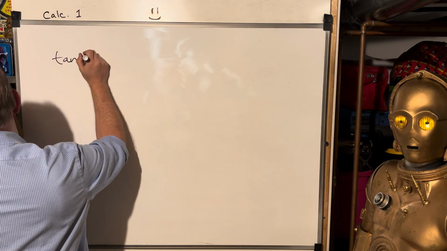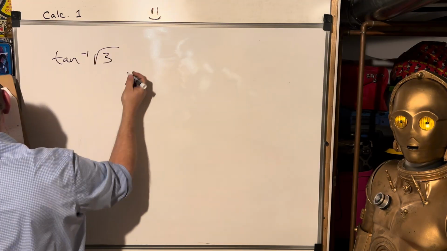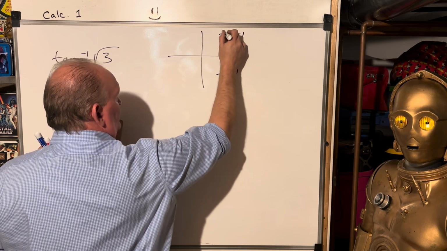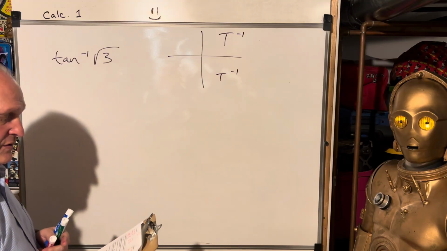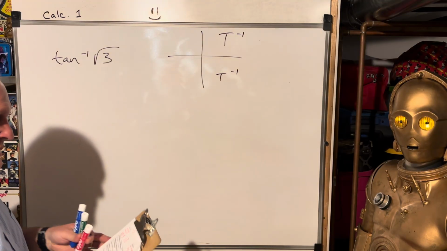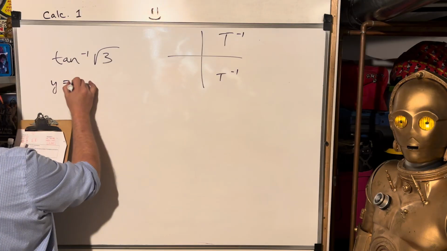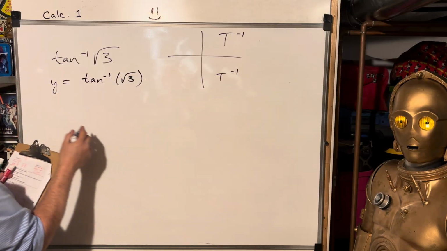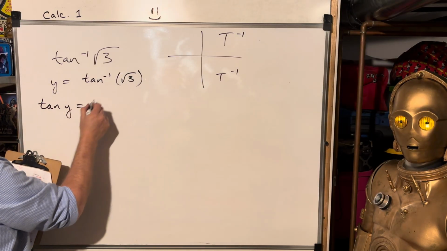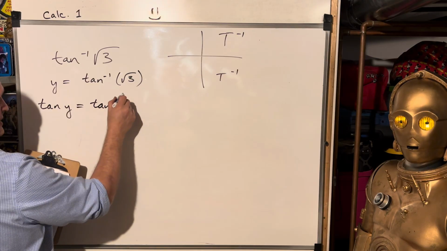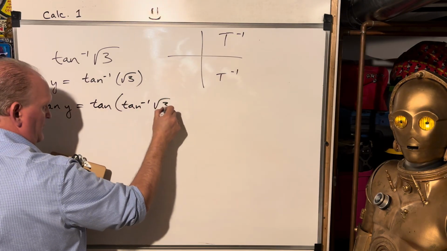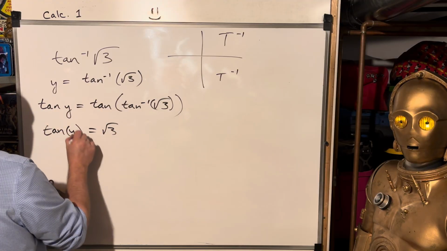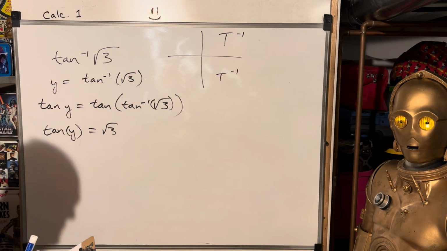This is the top of page 19. That is going to be tangent lives in the first or the fourth quadrant. Those are the only two we're going to look at for these. So we have y is equal to the arctangent of the square root of 3. So if I take the tangent of y, that's equal to the tangent of the arctangent of the square root of 3, which is just the square root of 3.